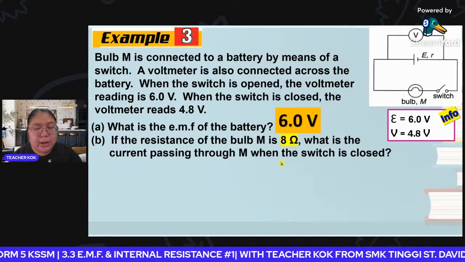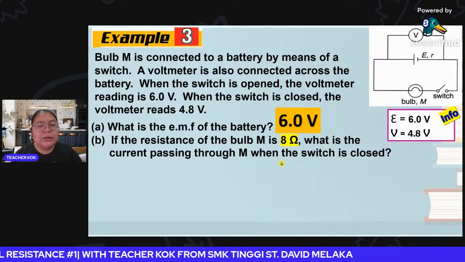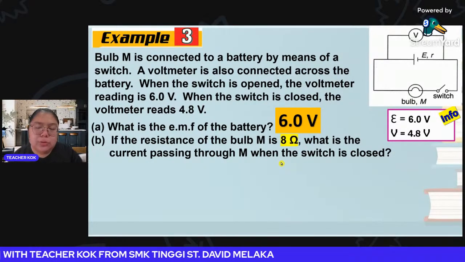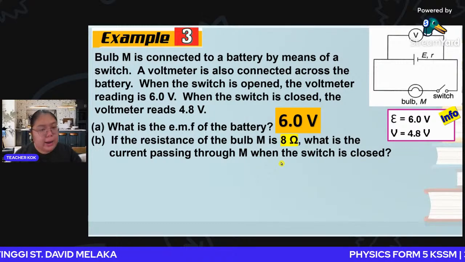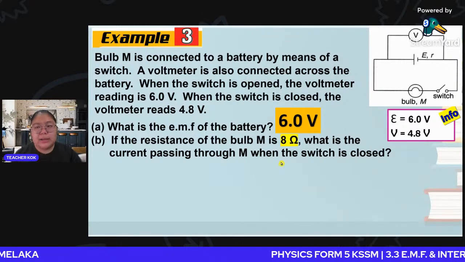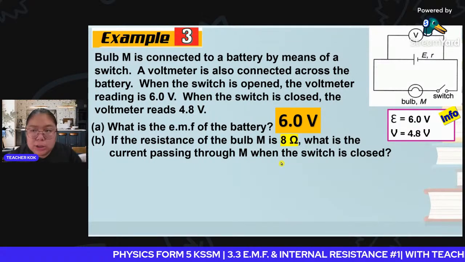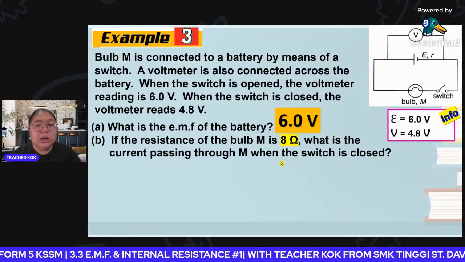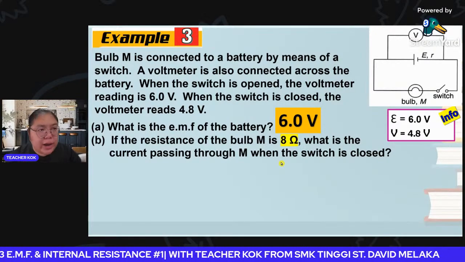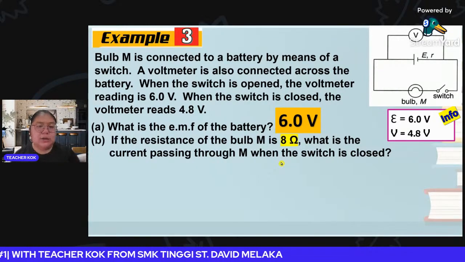But from here, what we do know, internal resistance, we don't know, but external we know. So you can use the formula for the external only. Don't use the EMF, the long one, because we don't know internal. If you don't know internal, you cannot solve anything. So we just use the simple one, the external one.